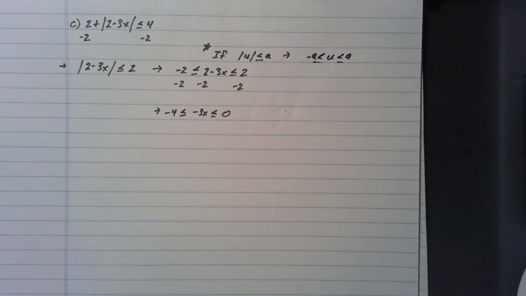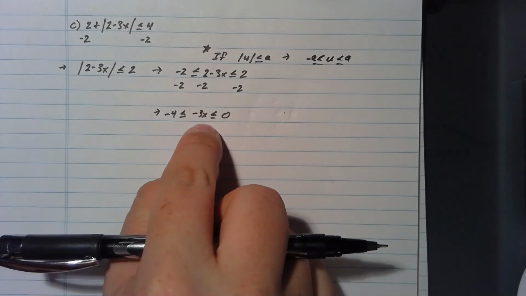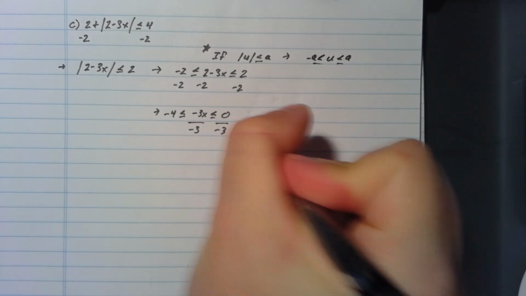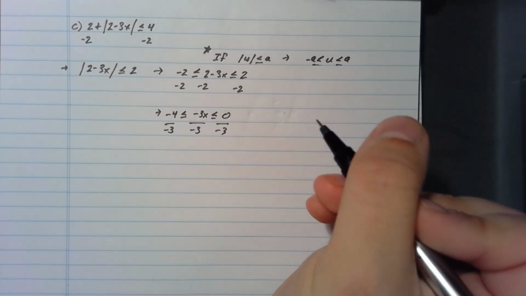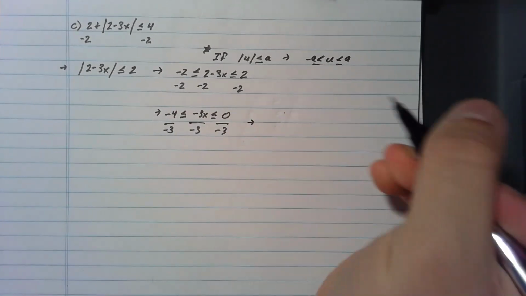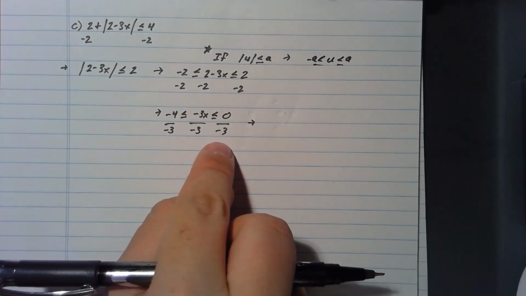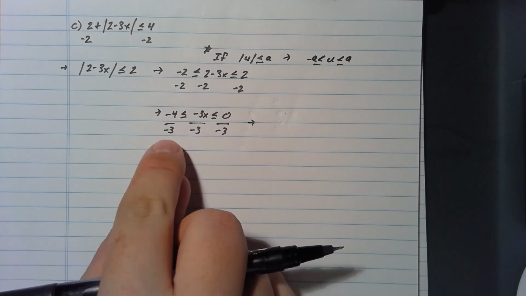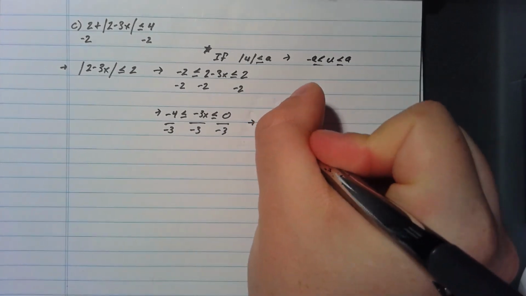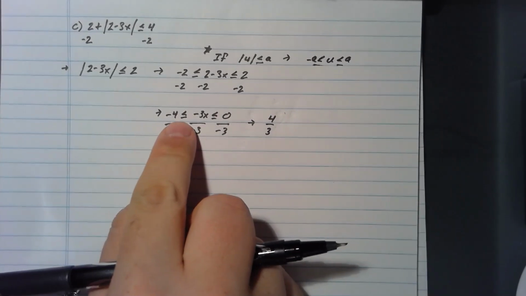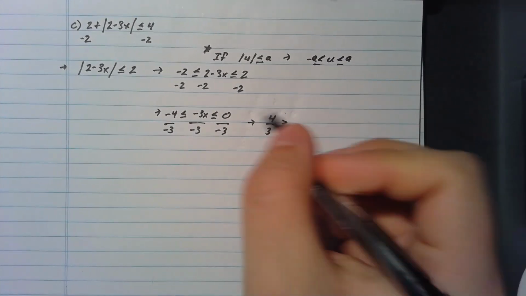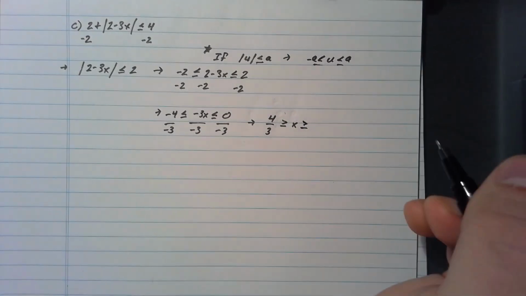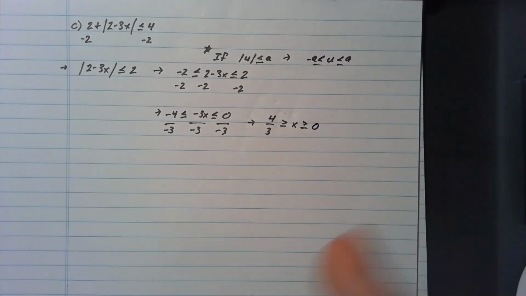Now we need to divide by negative 3. Uh-oh, what do we need to do? Since I divided by a negative number, I have to flip the inequality symbol. Negative 4 over negative 3 is 4/3. This less than or equal to becomes greater than or equal to x. This less than or equal to also becomes greater than or equal to. 0 over negative 3 is 0.